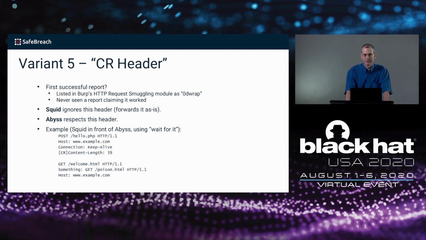It just forwards it as is, and Abyss respects this header. And here's an example of an HTTP request smuggling attack ending in web cache poisoning using the wait-for-it trick again. So we just feed this invalid content length header, Squid ignores it, and Abyss respects it.